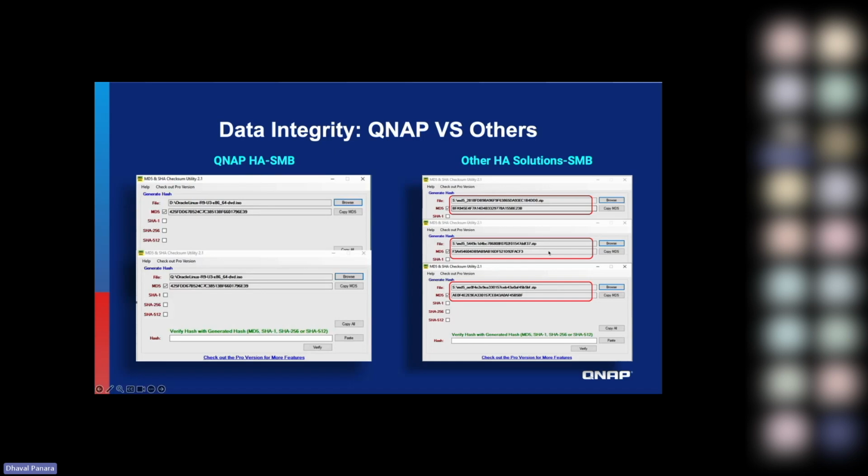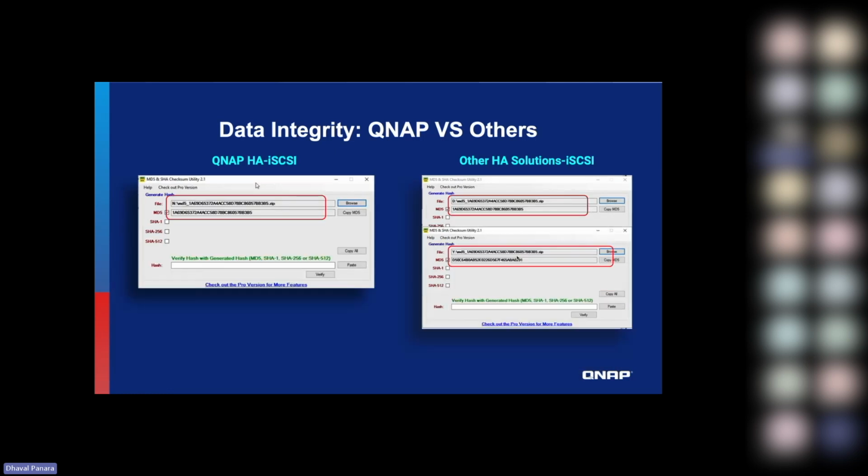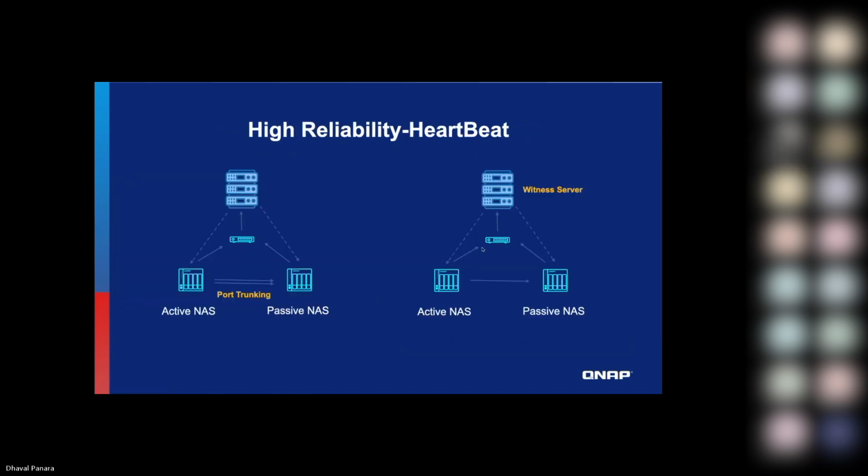So if your application is really critical and requires the same metadata, then the system may fail because it's a different metadata, a different MD5. Similarly for iSCSI, on the QNAP systems your checksum is the same, whereas on other systems you can see it's a different MD5 checksum.